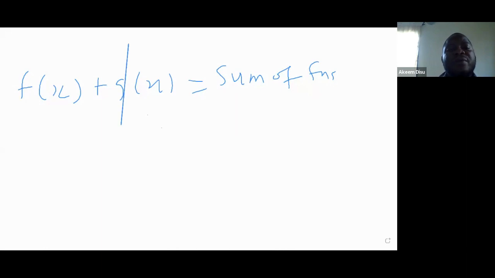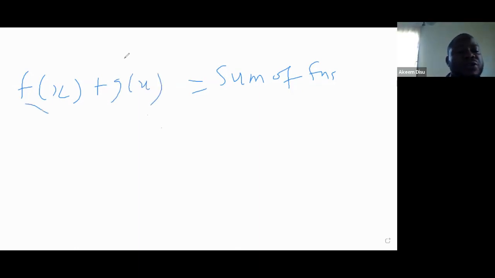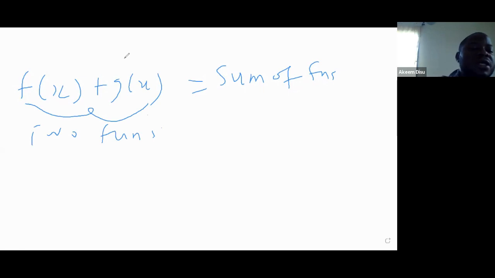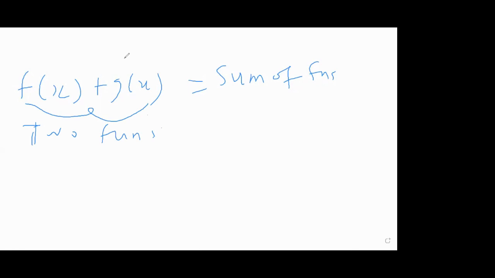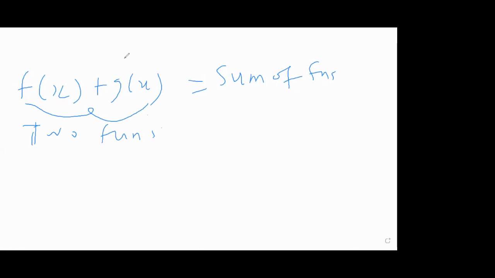We have F of X plus G of X. These are two functions. The other one is G of X. These are two functions, and a new function. The writing is hard to understand. Let's move on.